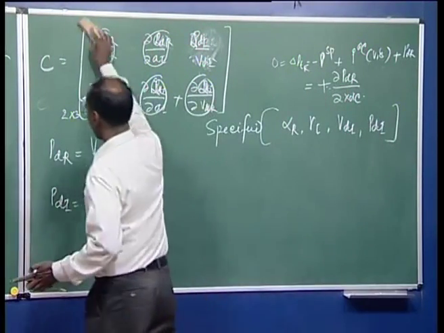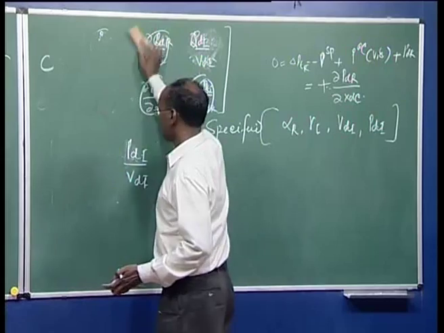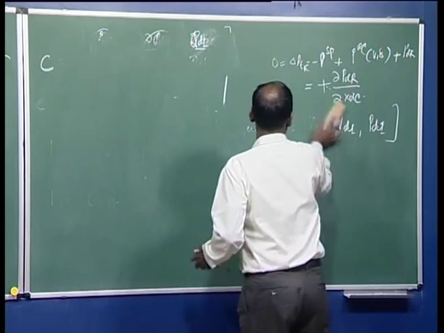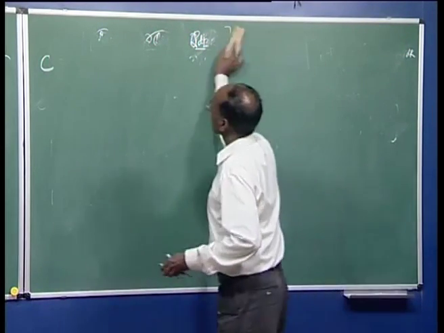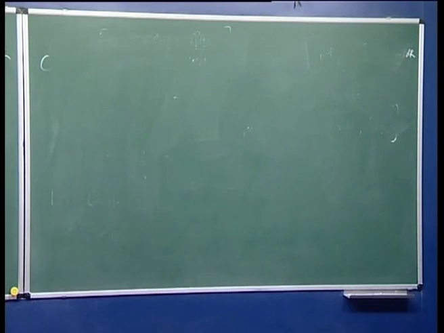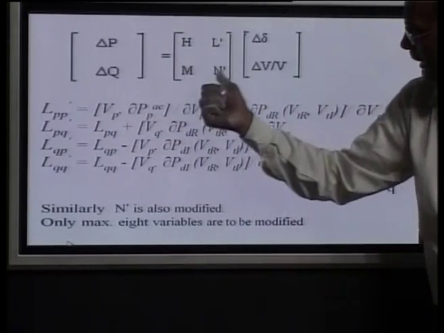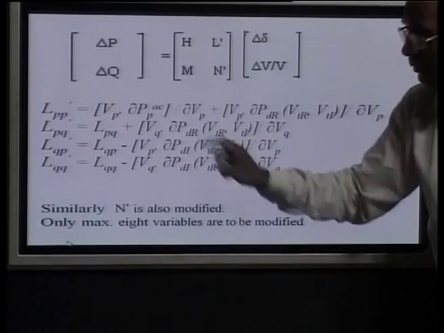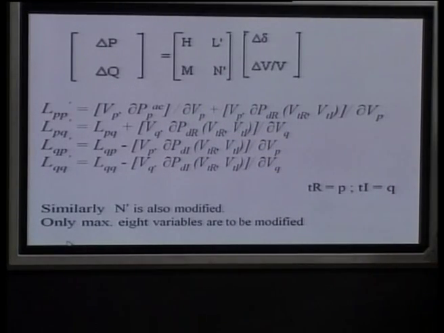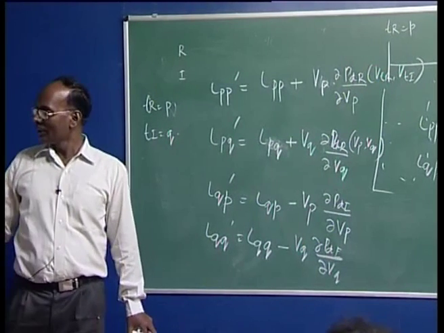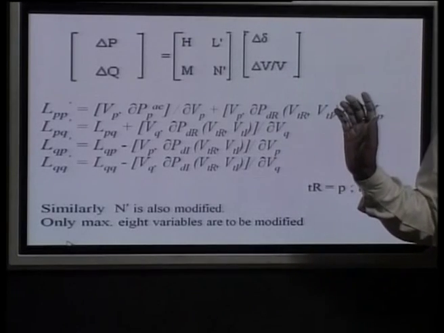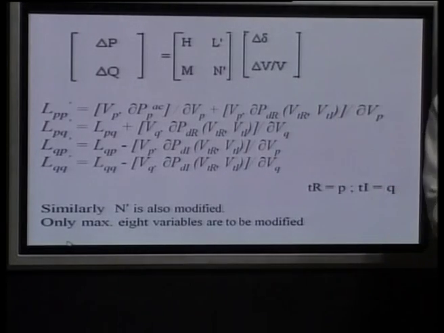Similarly, we can also get it for your N, and there is no need to write it here. We can just simply write N here instead of this. Now, here the P will be changed by Q, right. Here it will be plus for all the cases, because the Q is taken as a load.